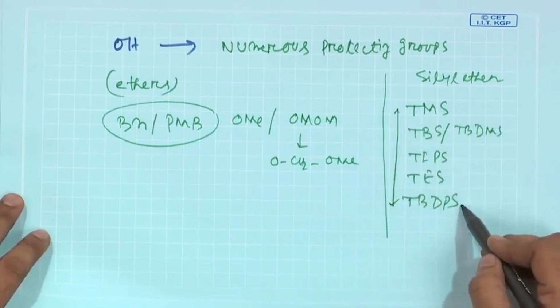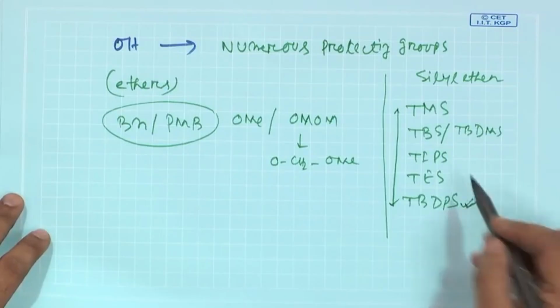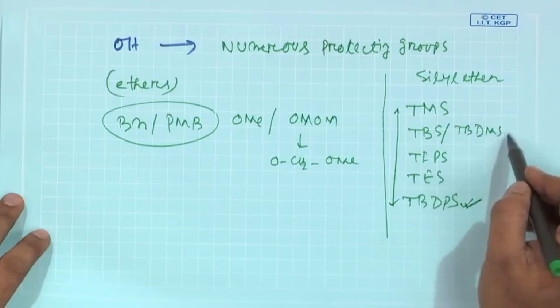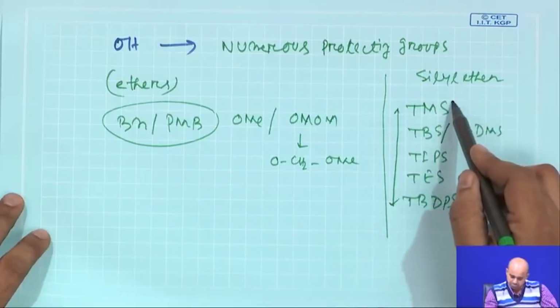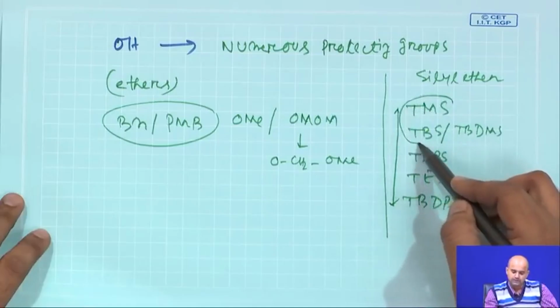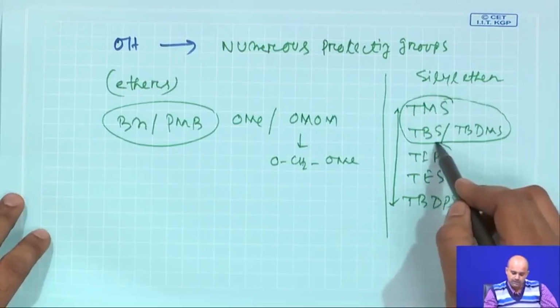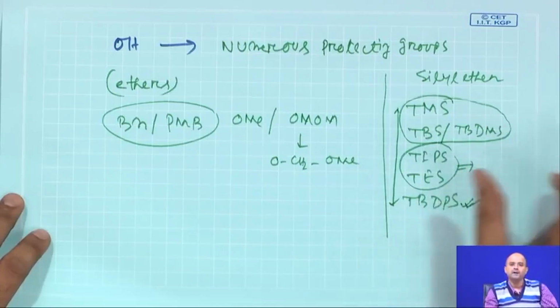Normally, TBDPS is found to be very stable under acidic conditions, and groups like TBS or TMS seem to be too active under acidic conditions. TIPS and TES seem to have a middle activity.